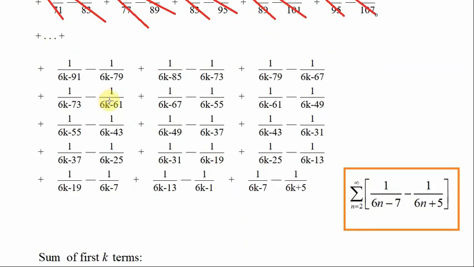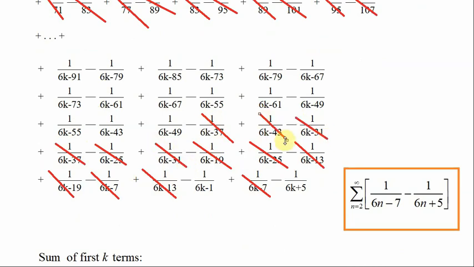And then down here we can see that the 1 over 6k minus 13 terms cancel, 1 over 6k minus 25, 1 over 6k minus 19, 1 over 6k minus 7, and then 1 over 6k minus 37 and 1 over 6k minus 31.